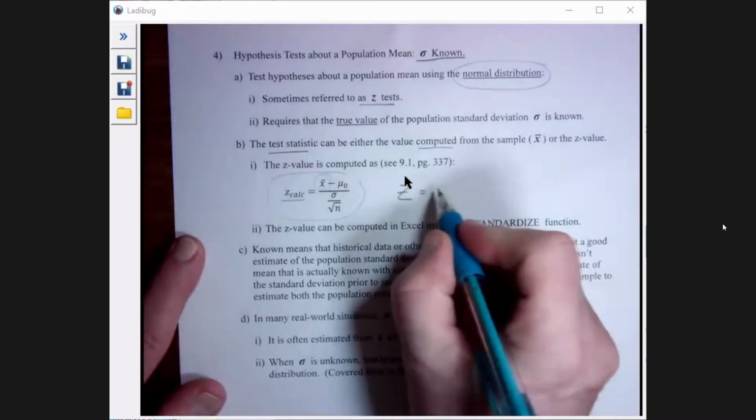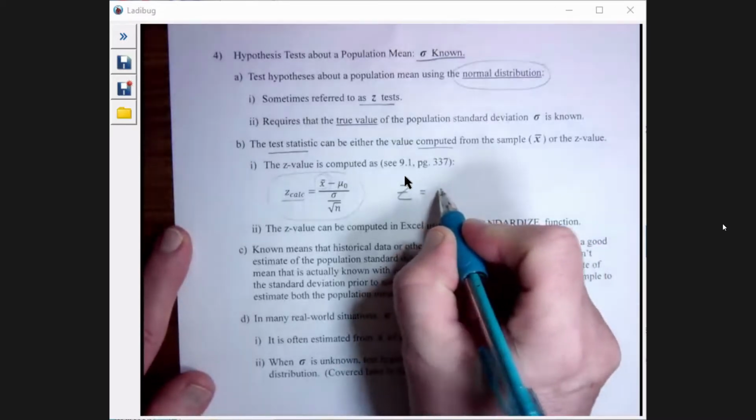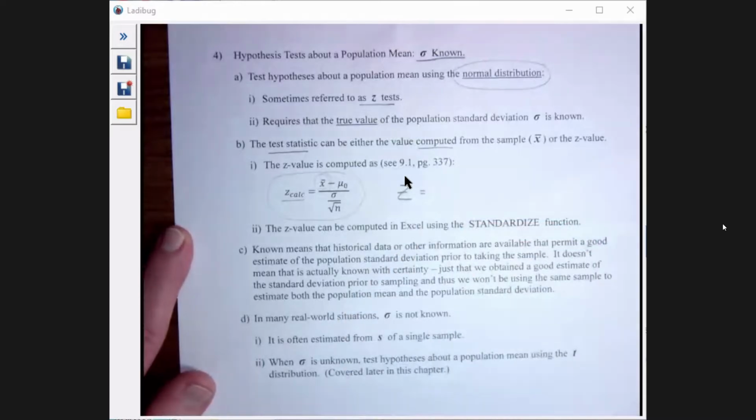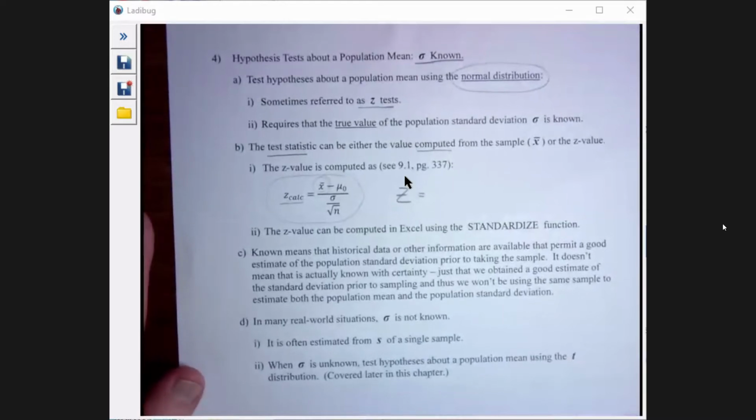Would it be the alpha divided by 2? Nope, the z-value is not a probability. It's not an area. It's a value. What does the z-score tell us? What's the interpretation of a z-score?